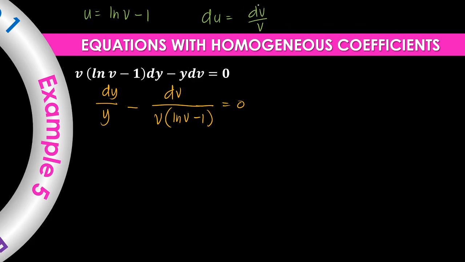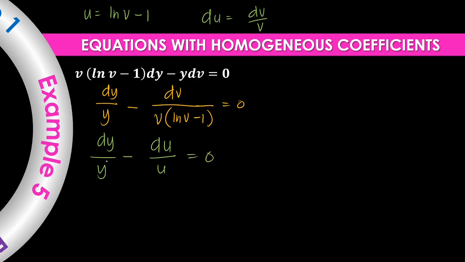And notice that here we have dv over v, and there we also have dv over v. And here I can replace this entire ln of v minus 1 with u. Thus, I can use the substitution method and write the equation as dy over y minus du over u equals 0.